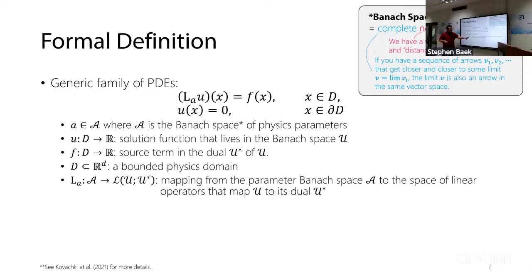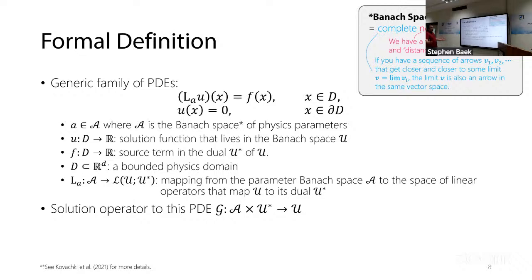And the linear operators themselves go from a function u to another function f. So we're defining the relationship between functions and functions, and that is the space of linear operators, L. And then that linear operator is generated from physical parameters, okay? So that is the setting for the operator learning problem.